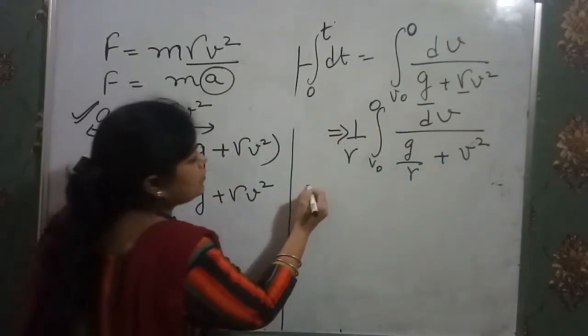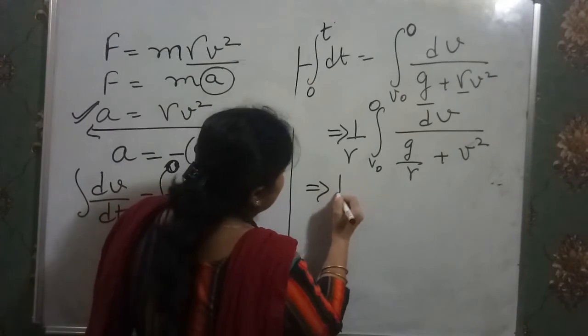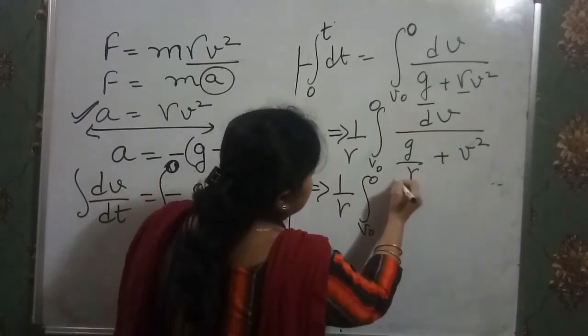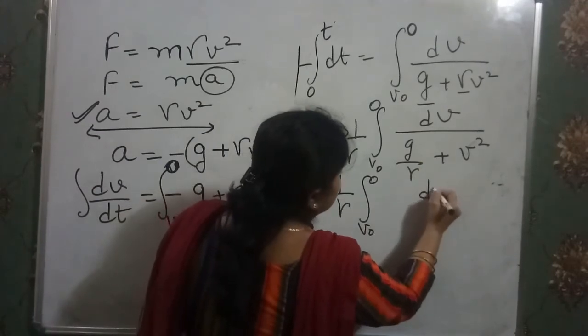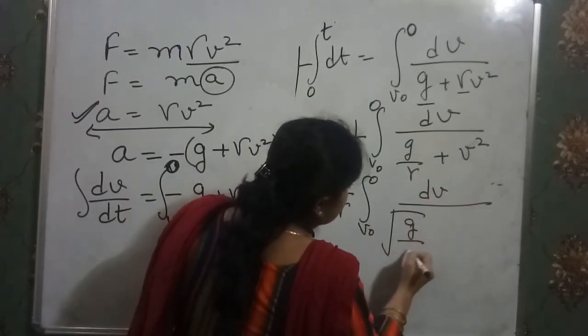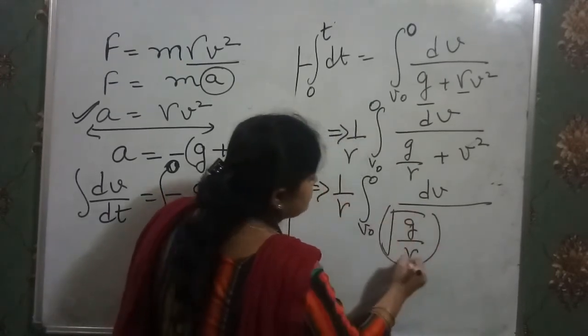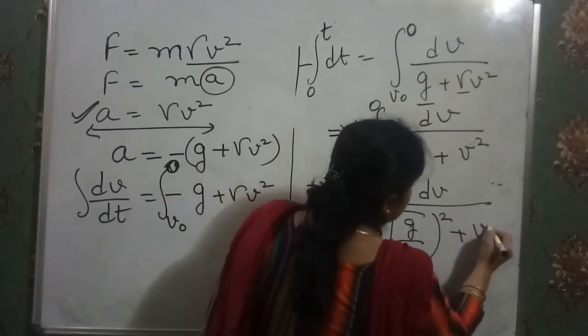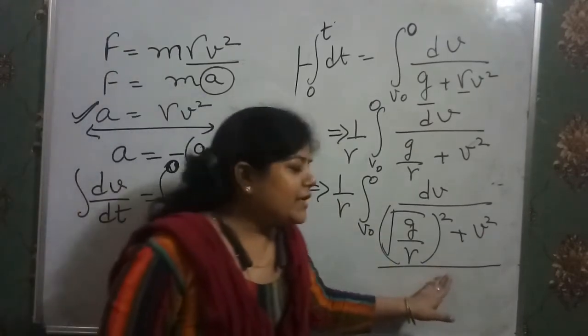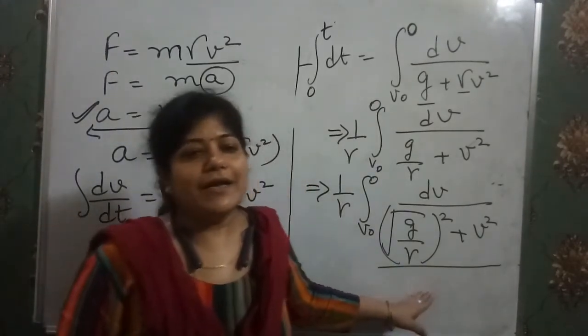So we have 1 over gamma, integral from v0 to 0, just make it a whole square: under root g over gamma whole square plus v square. Now when we integrate, we can apply the formula of tan inverse x.